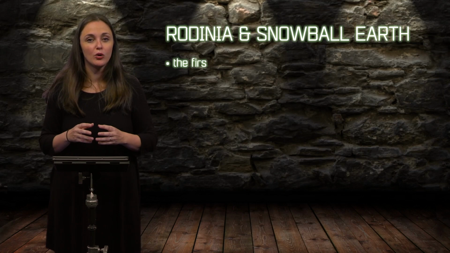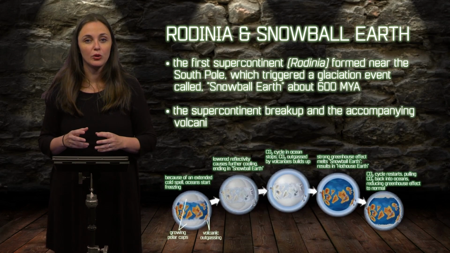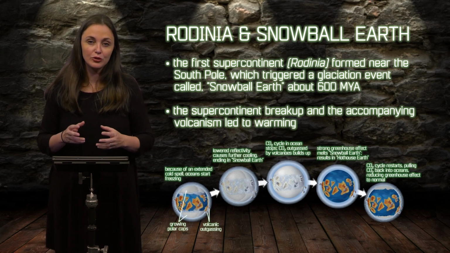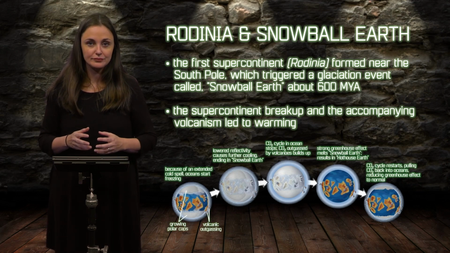Whereas Pangaea formed fairly close to the Earth's equator, Rodinia formed where all of these continents were accumulated together as one big supercontinent near the South Pole.